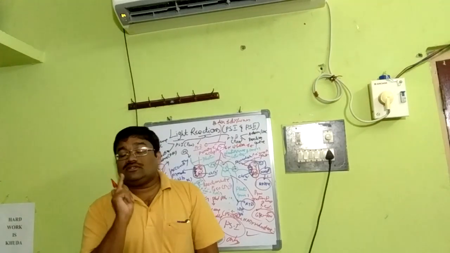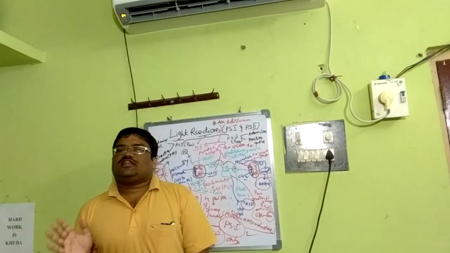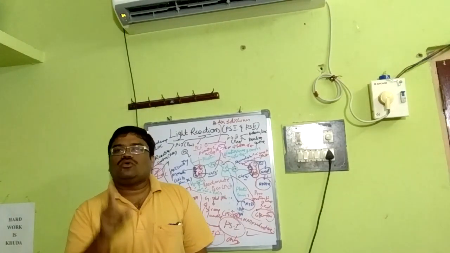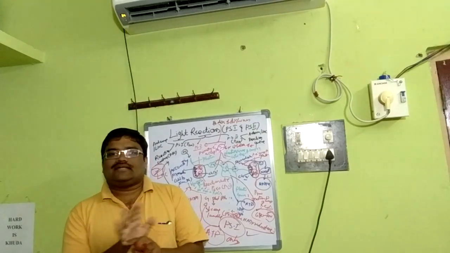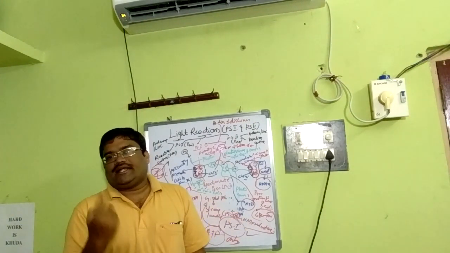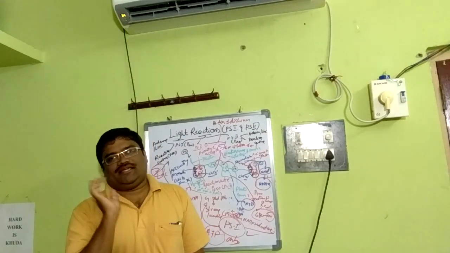So the distinguishing feature between cyclic and non-cyclic photophosphorylation is this: cyclic photophosphorylation involves only photosystem 1, because there is no photosystem 2 and also no NADP reductase, it takes place in the stroma lamellae, and it only synthesizes ATP.